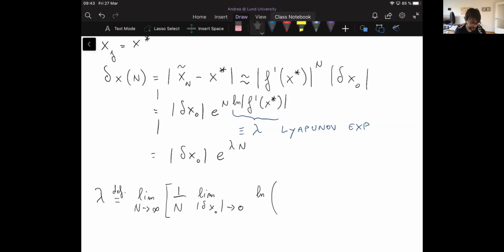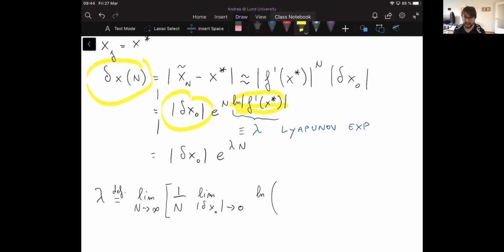here I defined the derivative, but in a numerical, useful way. I can also define the Lyapunov exponent by inverting this relation, by considering the two delta x.